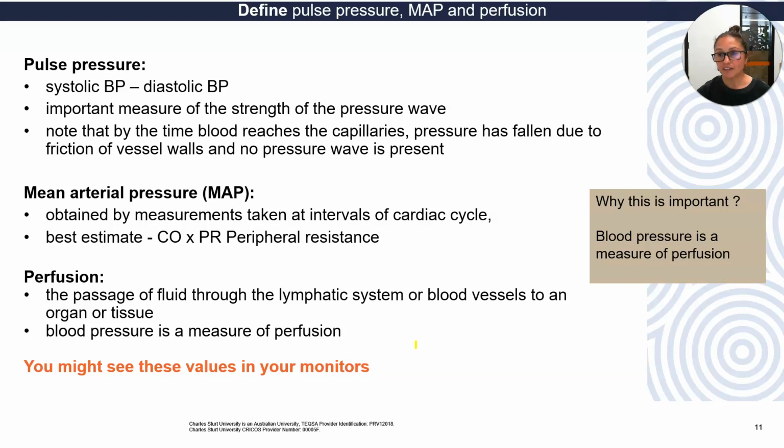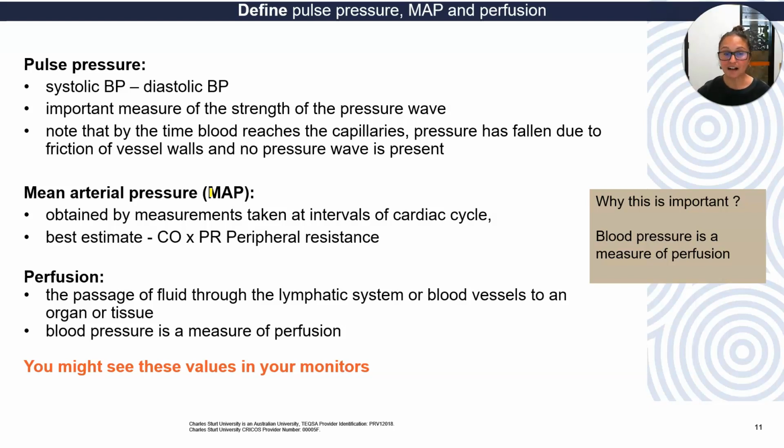A couple of other things that you may need to think about when you're a nurse is what pulse pressure is. That is just the difference between the two pressures. The other one is mean arterial pressure. That one is really important because it's a measure of perfusion.